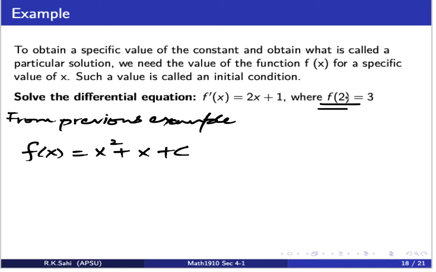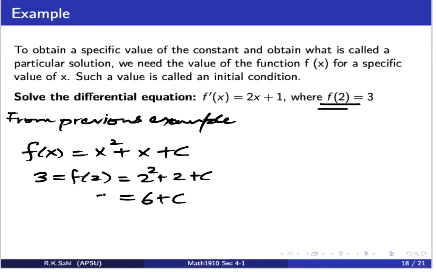This means when your x is 2, your function value is 3. So just replace that. So 3 is f of 2. Now replace on the right hand side of the equal sign wherever the x is by 2. 2 squared plus 2 plus c, which is 6 plus c, and the 3 on the left.